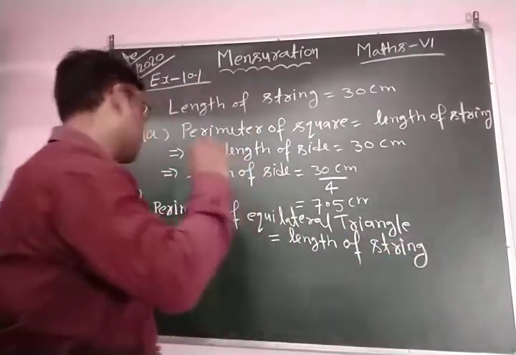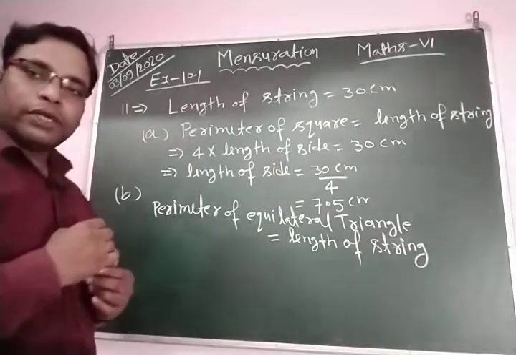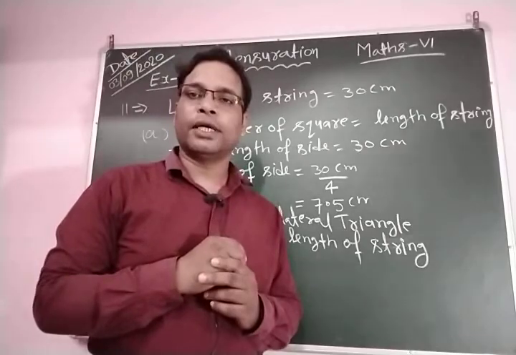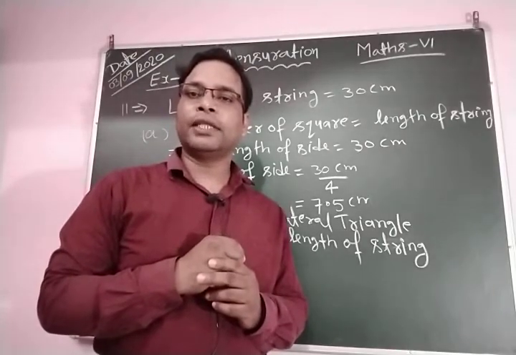So you know how to find the perimeter of equilateral triangle. Yes, 3 into length of side.